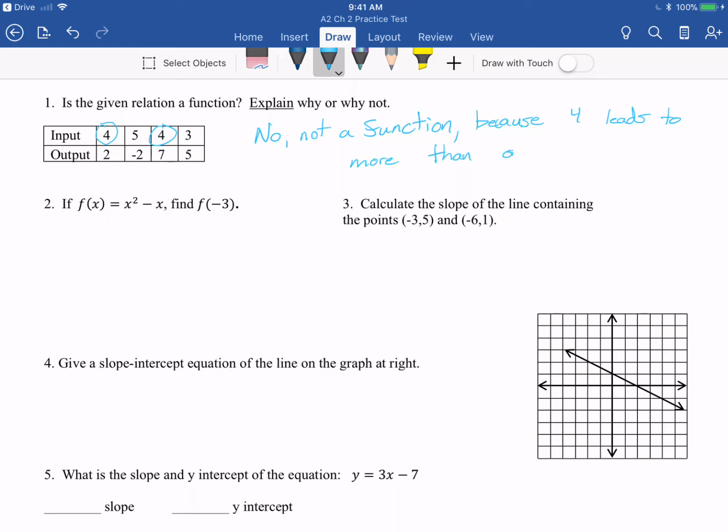Remember each input can only have one output. 4 is the same input, but that does go to 2 and 7, so that cannot work.